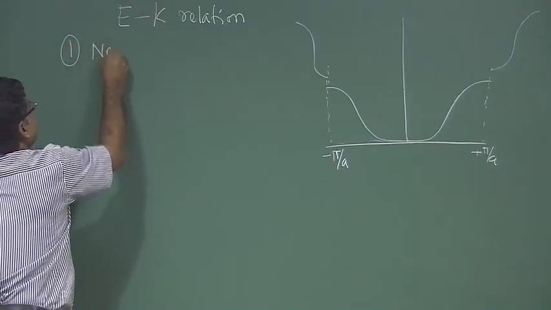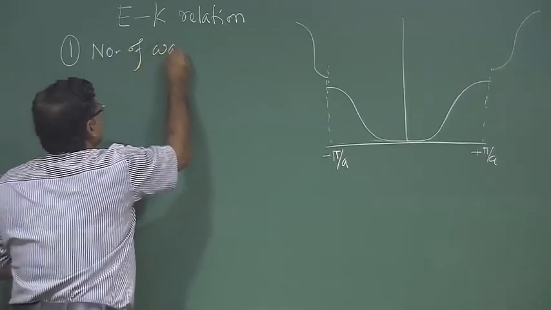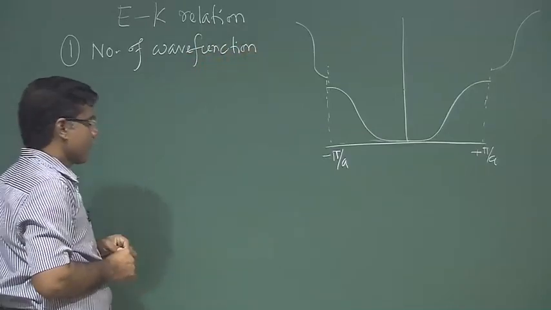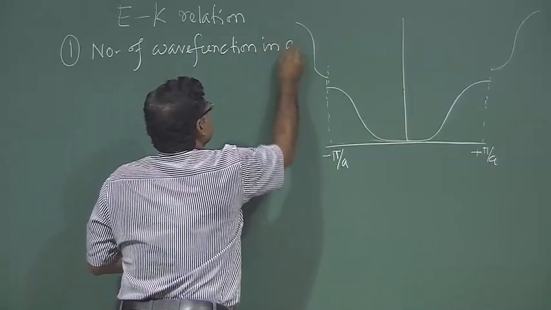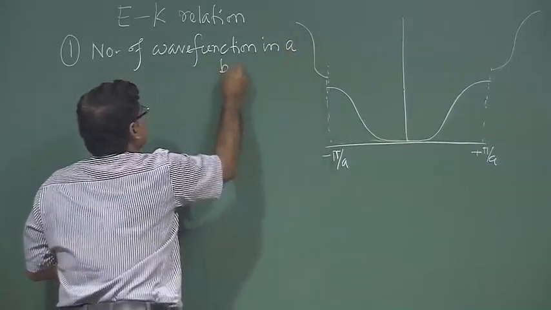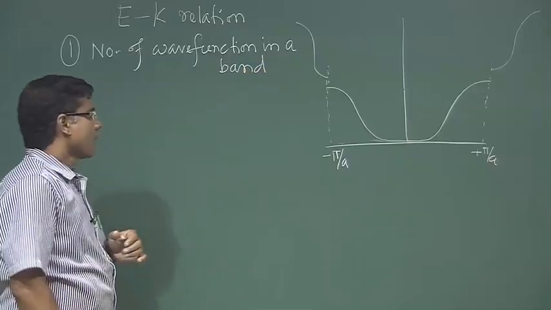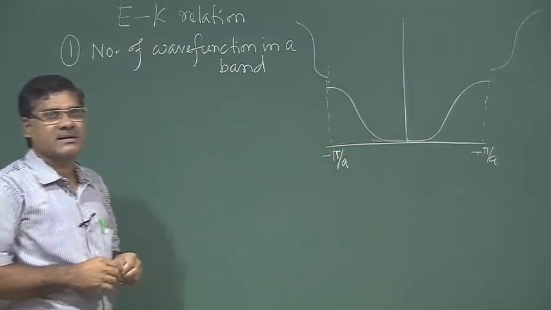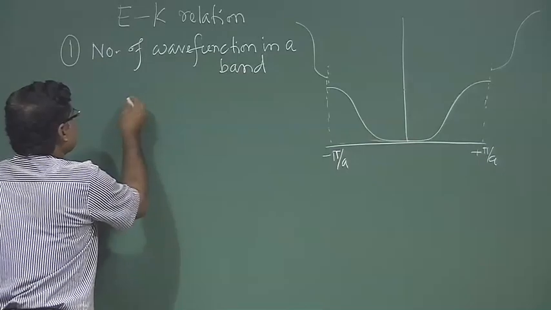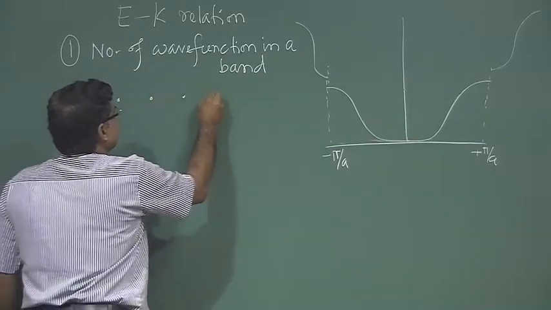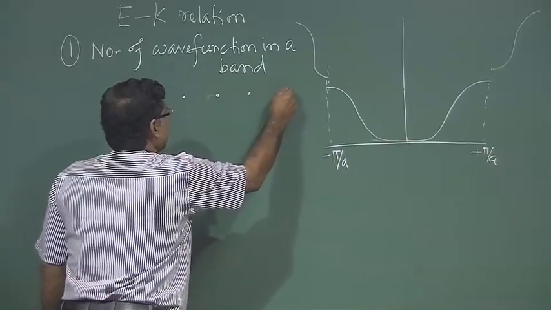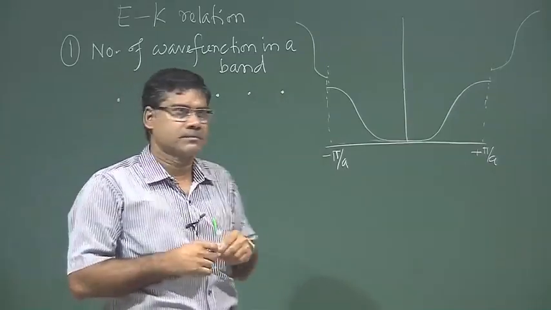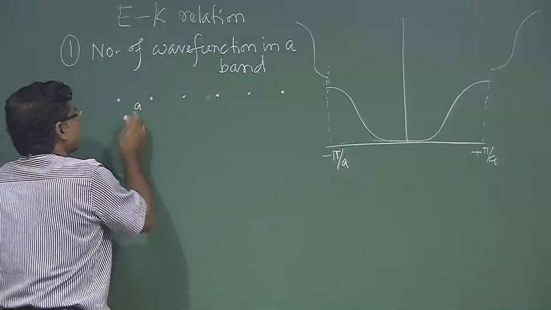So, the number of wave functions in a band: if the crystal has a finite length L, in this length L there are N lattice points separated by distance a.